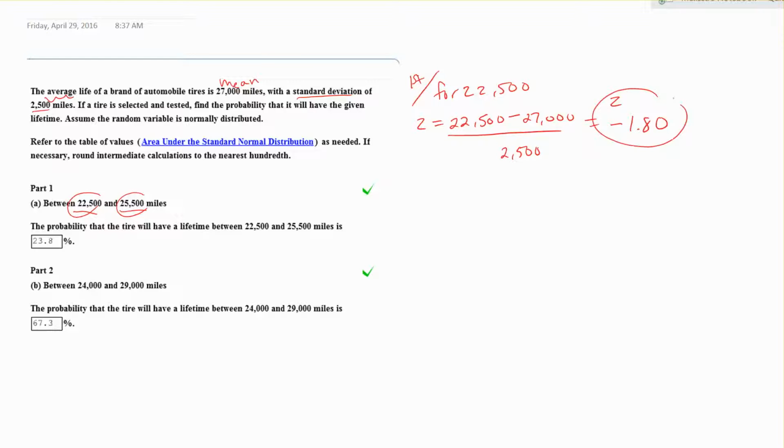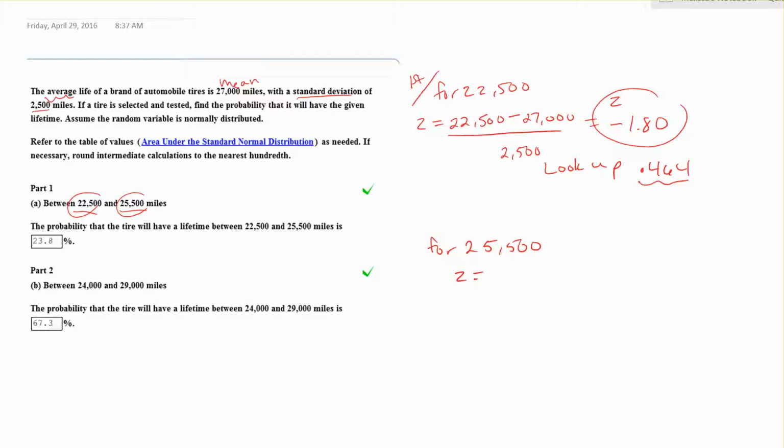Now if I look up z equals negative 1.80 in my table, we don't have any negatives, so we just look up the positive 1.80, and the area under the curve at that number is 0.464. Now let's convert the other value, which is 25,500.